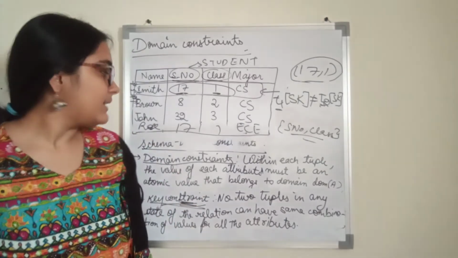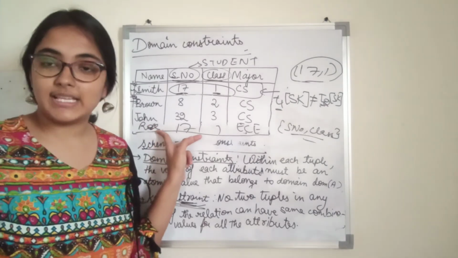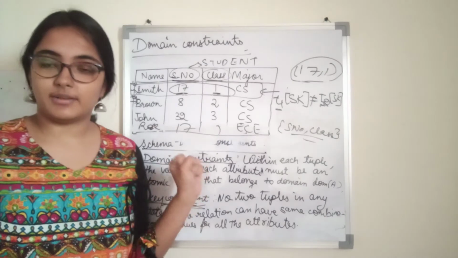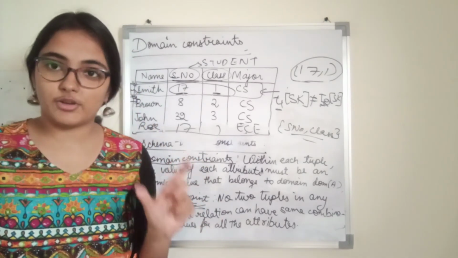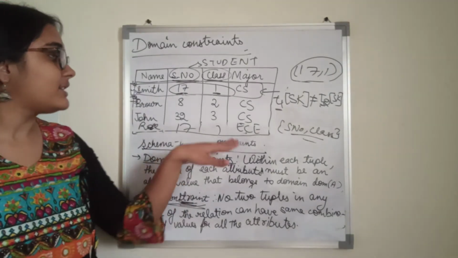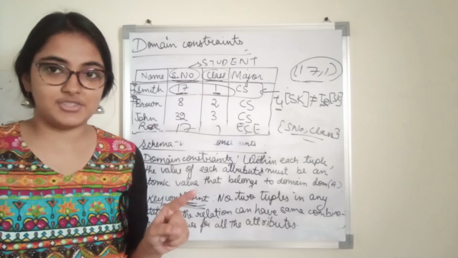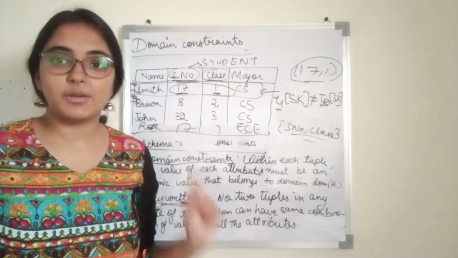Okay, so let me tell you the default super key that every relation has: it is the set of all attributes, right? The set of all attributes forms the default super key for a relation. Why? Because what is a super key? Super key is used to uniquely identify a tuple in a relation. So the set of all attributes can be used to uniquely identify a tuple in a relation.